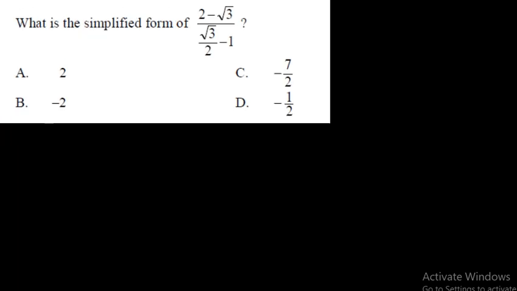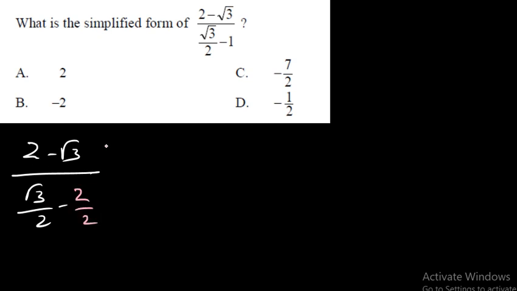The next one, what is a simplified form of 2 minus radical 3, the whole over radical 3 over 2 minus 1? First of all, let's complete the denominator part. The 1 is the same as 2 over 2. That means 2 minus radical 3 over the down part.